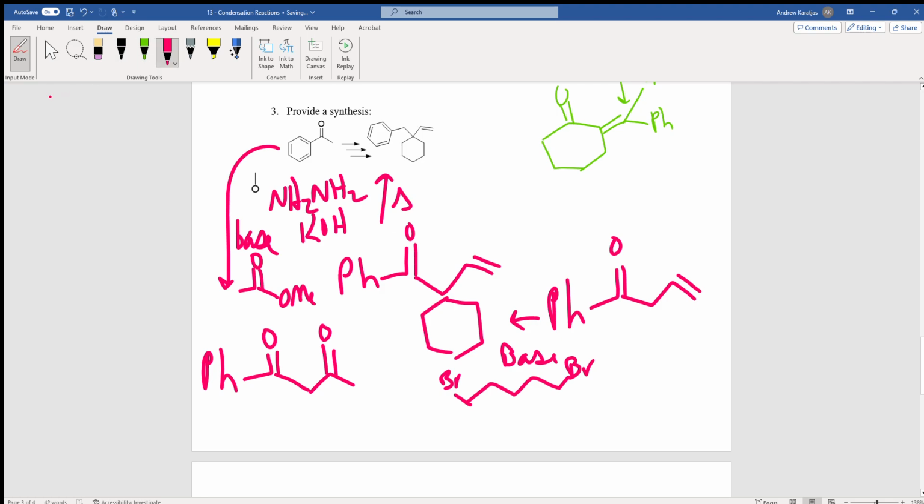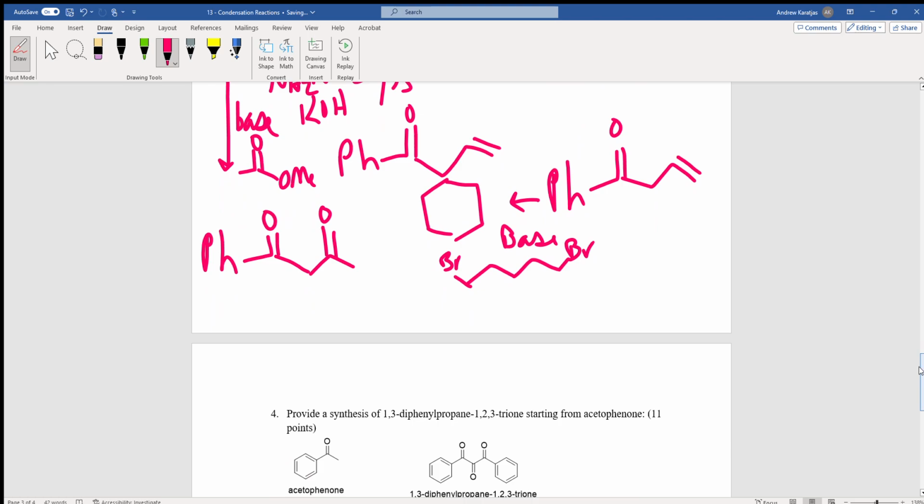Now, how am I going to get from this dicarbonyl the rest of the way there? Well, if I reduce it, only problem is if I try to reduce that carbonyl, I'm going to reduce both of them.